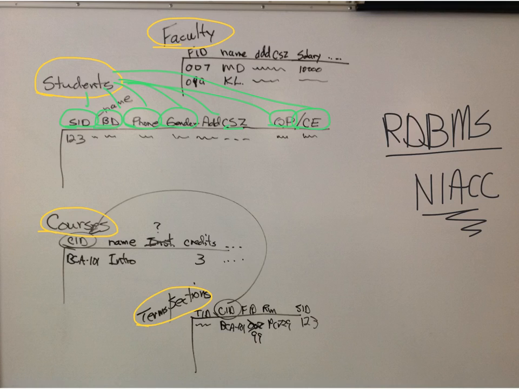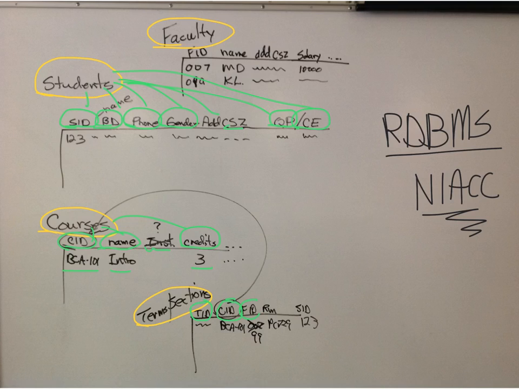And so then these attributes the same way. They define courses. The name of the course, how many credits the course is. You notice I didn't put the instructor in there. I left it out. 3 credits, BCA-101, Intro to Computers. Term ID. Now this is an interesting attribute.